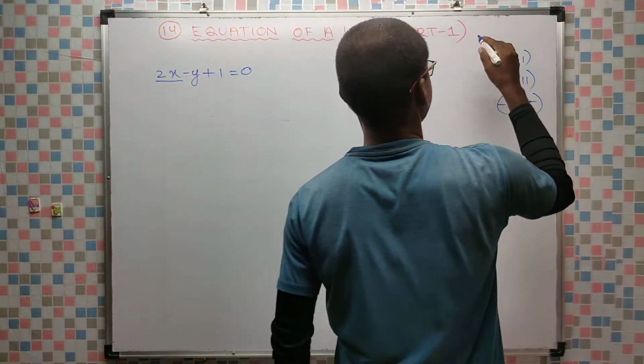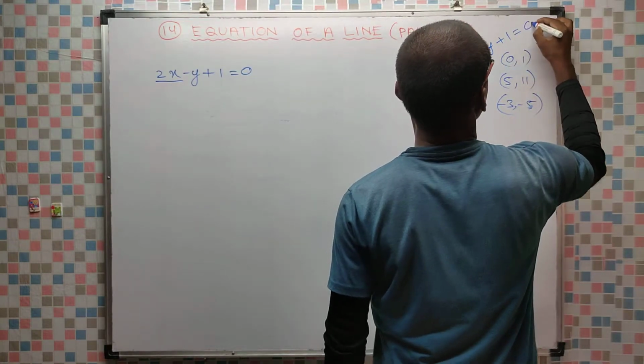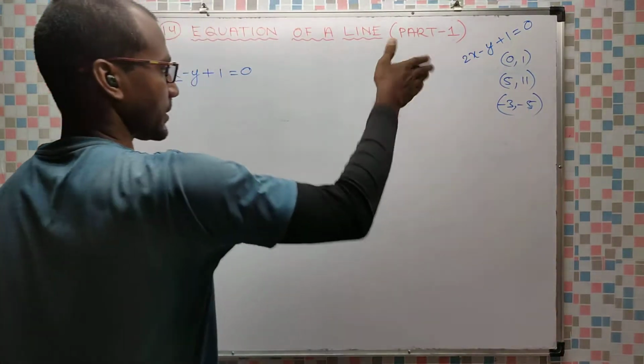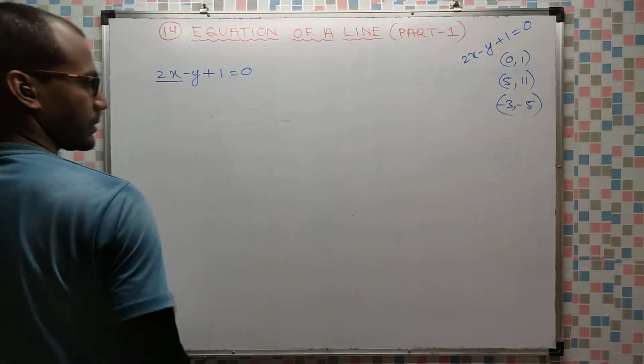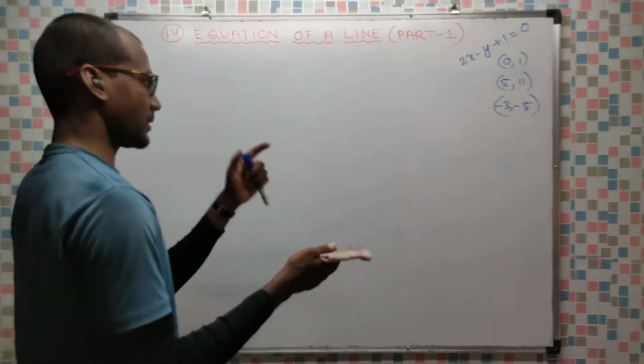The equation was 2x minus y plus 1 is 0, and these are the 3 solutions we have chosen. There can be many solutions, I have taken 3 only.